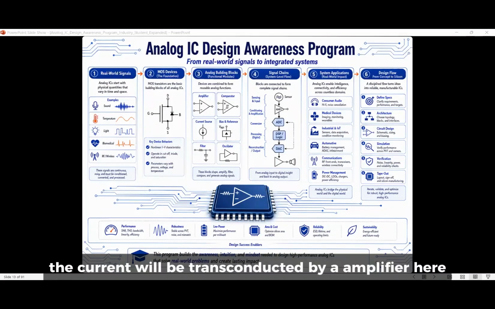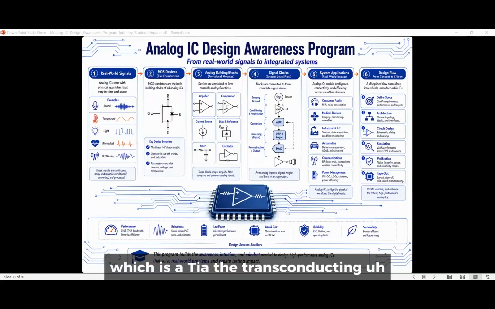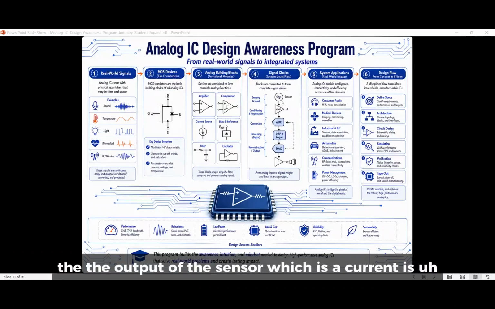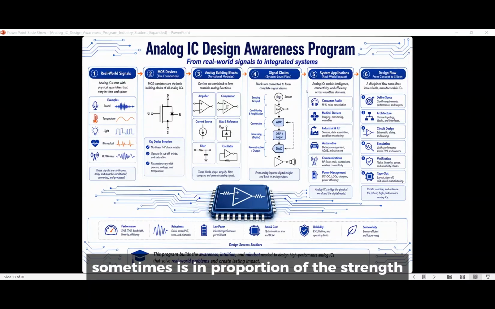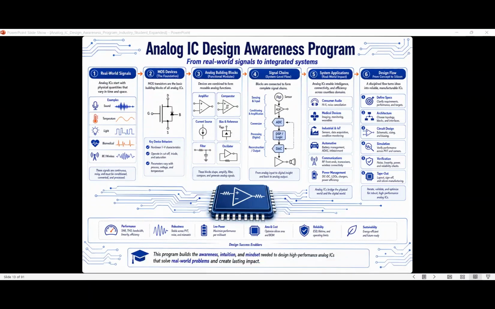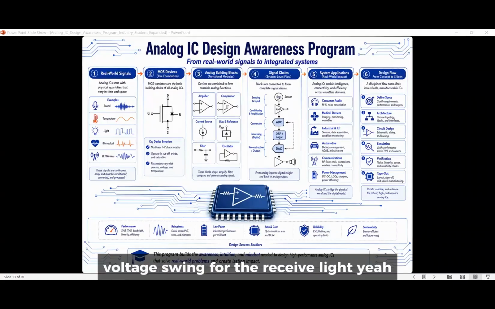So the current will be converted by an amplifier here, which is a TIA, right? The output of the sensor, which is current, is proportional to the strength of the light signal, right? So the amplifier can then boost the voltage swing for the received light.